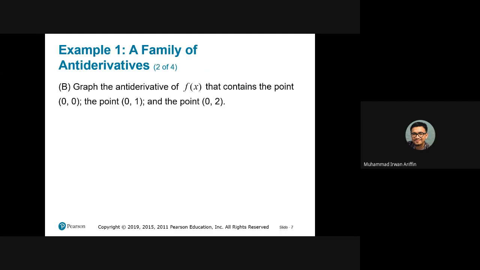Now for part B, in the example, we need to graph the antiderivative of f(x) that passes through these points. So basically there would be 3. Remember last time, we got 2 plus k.